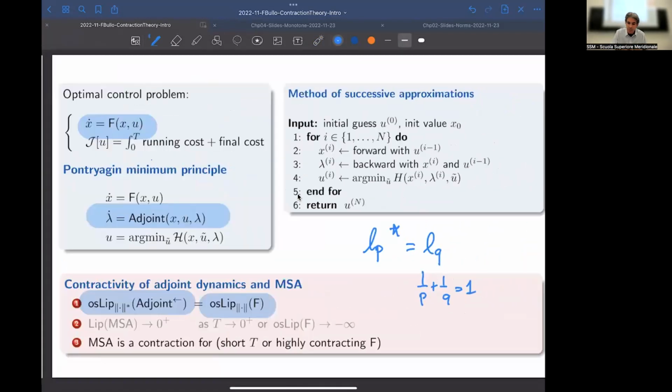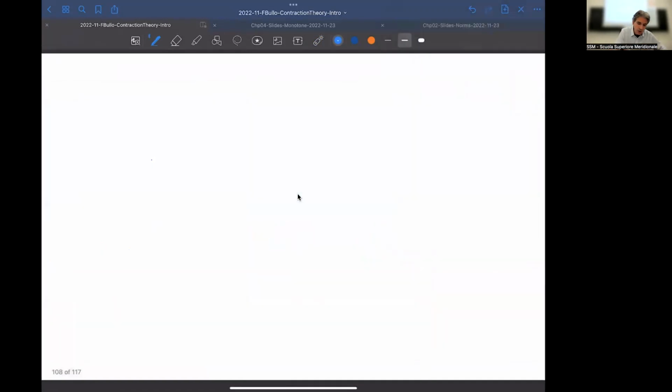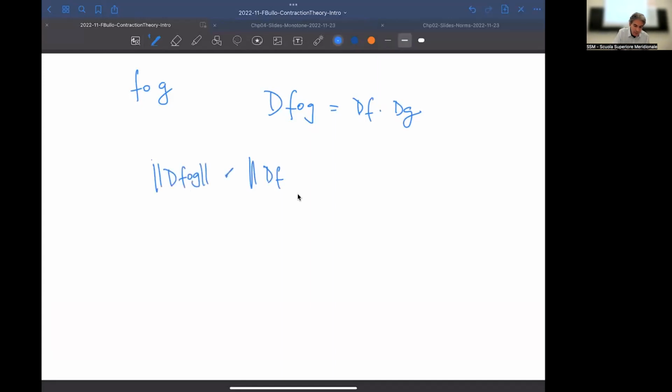This has to do with the formula that if you have F composed with G, then the Jacobian of F composed with G is equal to the Jacobian of F, evaluated appropriately, times the Jacobian of G. So it's the product of the Jacobians. And if you take induced norms, the induced norm of F composed with G ends up being upper bounded by this times that. And so the product of Lipschitz constants is the new Lipschitz constant, right?